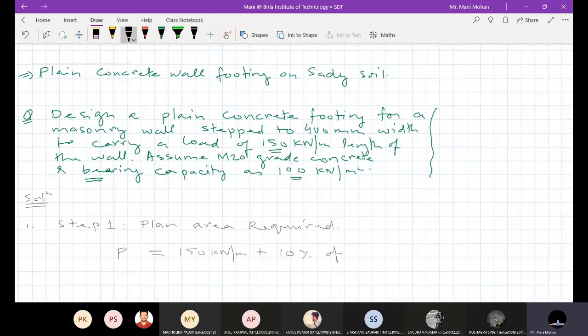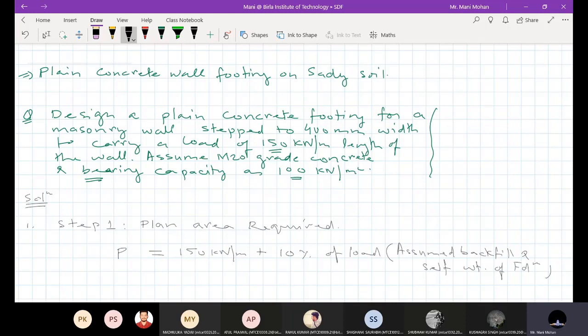So this is assumed backfill and self weight of foundation.